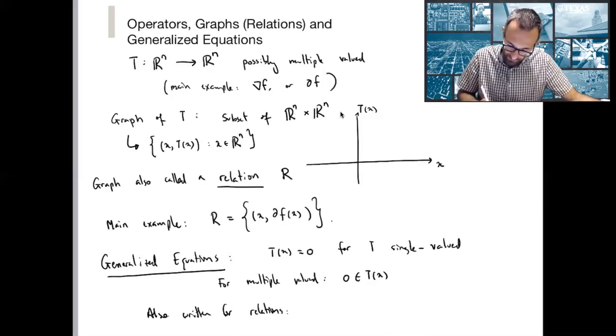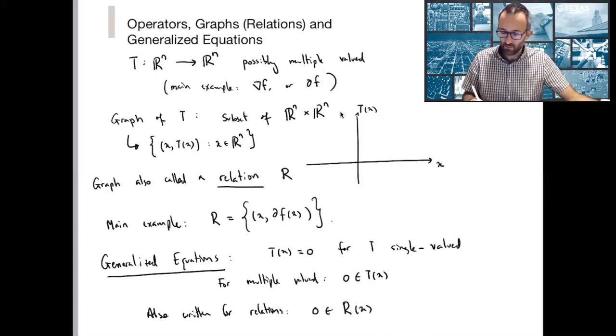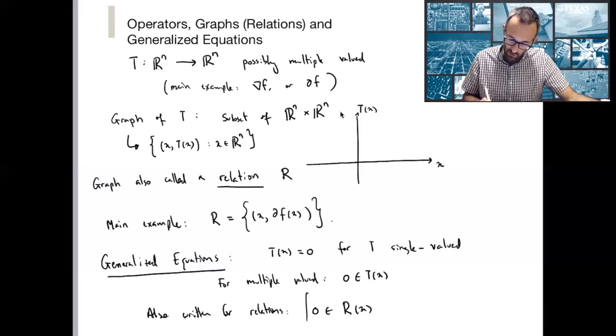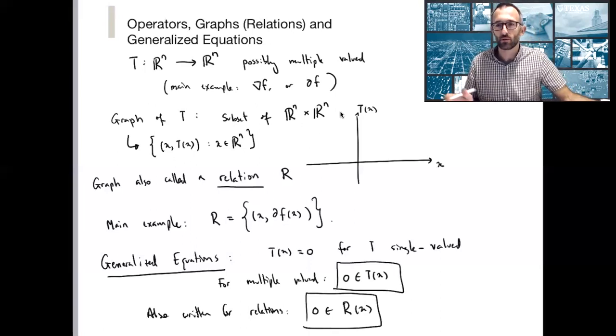So you may see things like this, but they mean essentially the same thing. So you'll notice there's a little bit of abusive notation here, where I'm using R to stand for the operator as well as the relation. So when you see the term generalized equation, what we really mean is nothing more than what we've been doing when trying to use the characterizations of optimality.